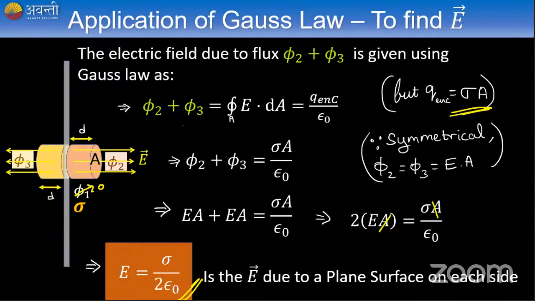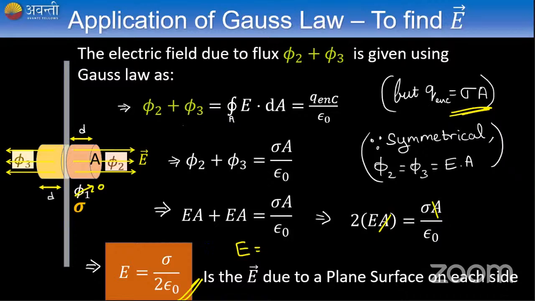Yes, yes, Hari Prasad. So what will be for two sides, guys? If I want to find my electric field for a combination of two sides, say for one side I have sigma by 2 epsilon naught. If I consider the electric field due to both the sides, what will be the value? Everyone please try to answer. If I want to consider the electric field due to both, what will be my net flux, phi?